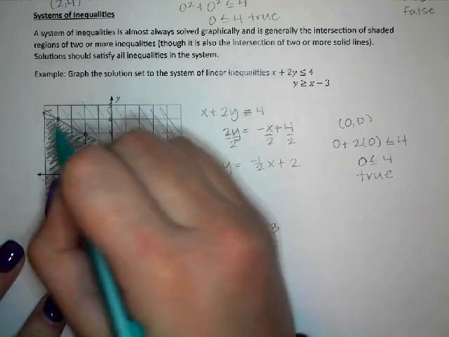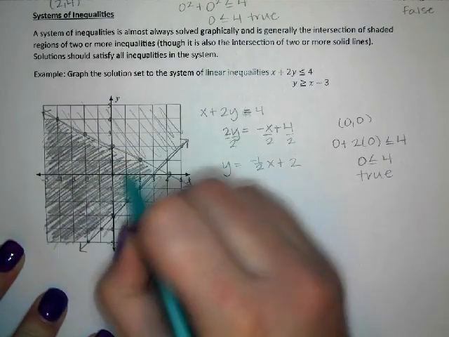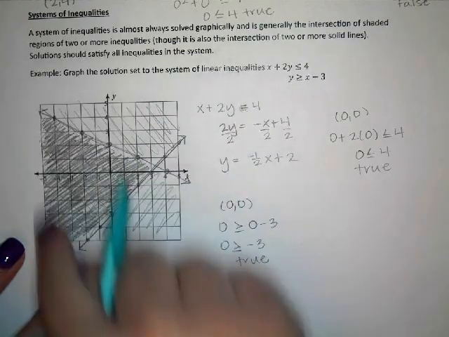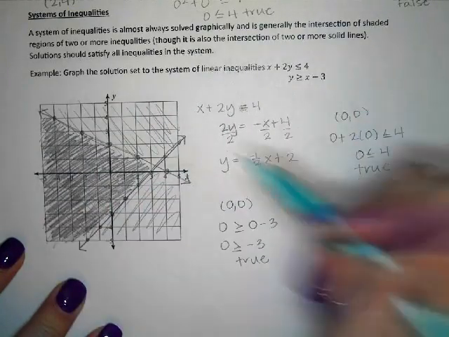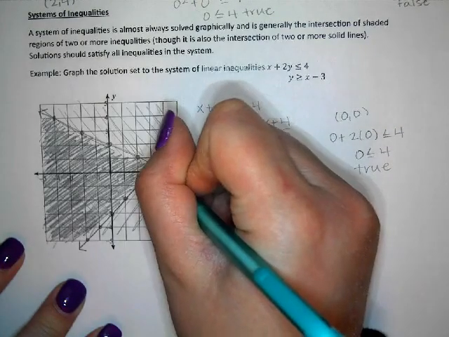Okay, now the solutions are this double shaded region, as well as this point right here, whatever decimals, where these two lines intersect.